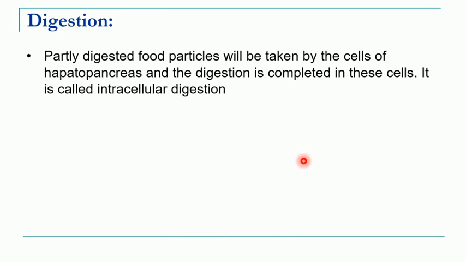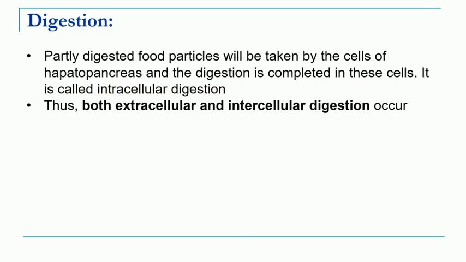Further digestion takes place. The partially digested food particles will be taken up by the cells of the hepatopancreas, which were partially digested by the salivary glands, and the digestion is then completed in this hepatopancreas or liver. This type of digestion is called intracellular digestion.